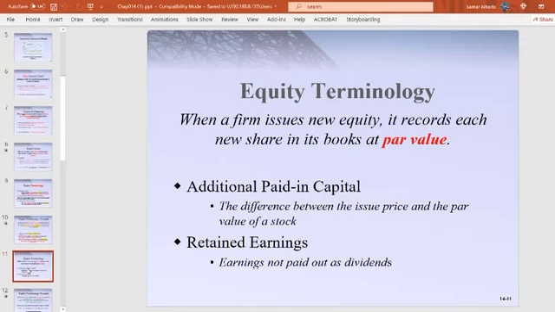We will have one example later on, inshallah. Retained earnings, as I said before, is the earning that is not paid out as dividends. This is the profit from last year. You remember it? If you decide not to pay it as dividends, we call it retained earnings.